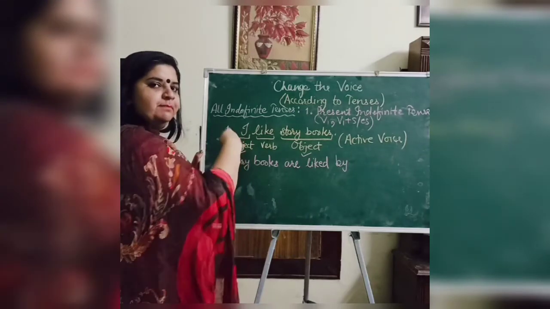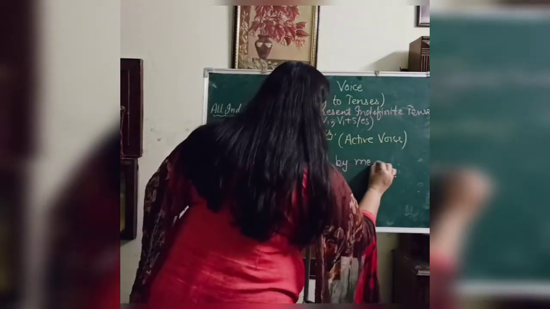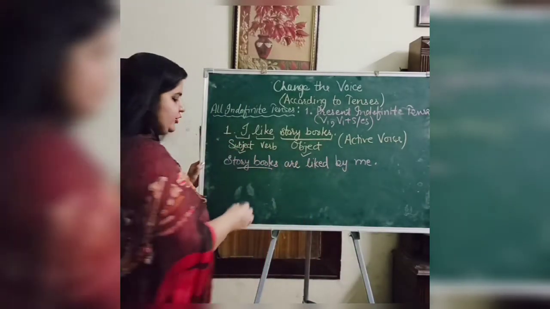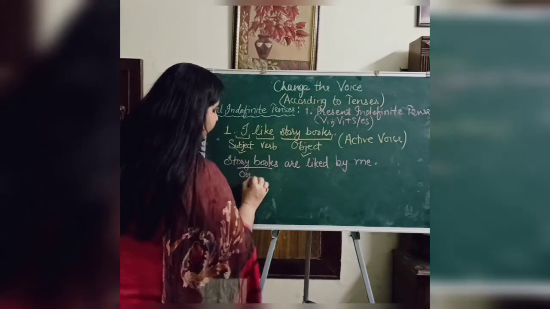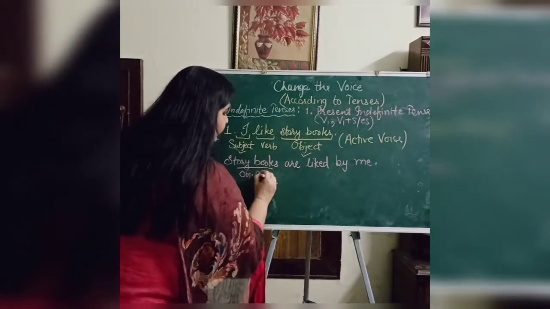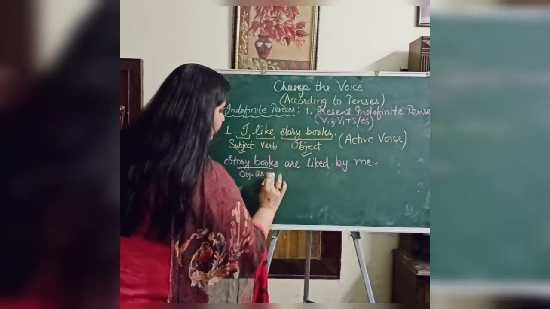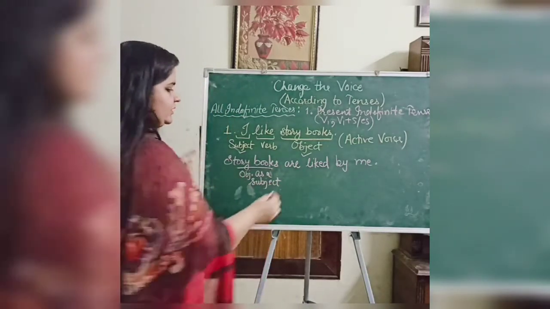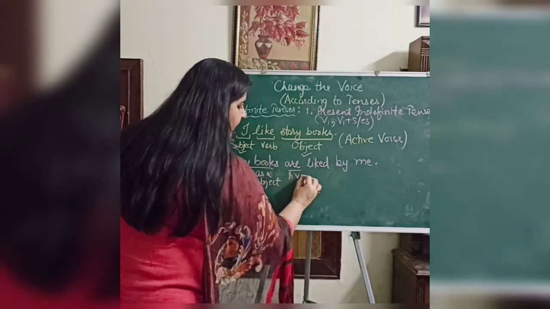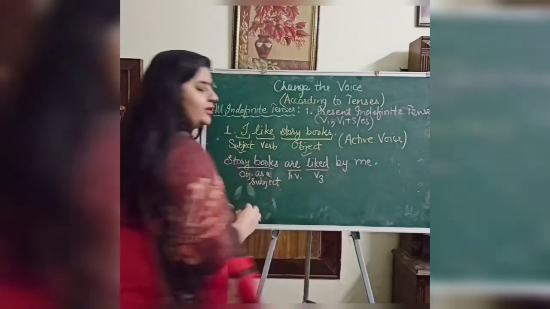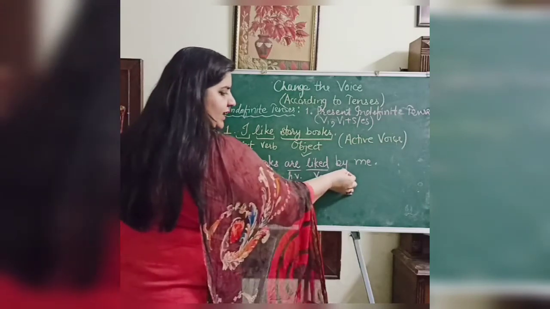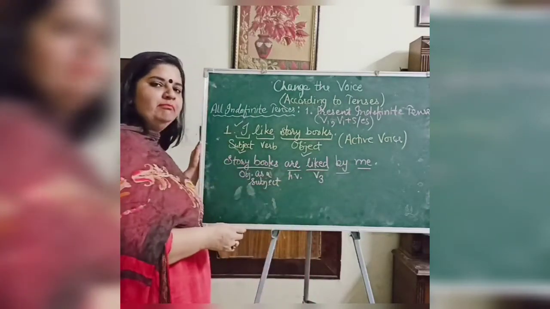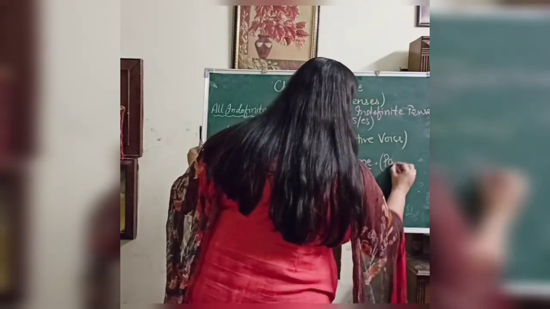I becomes me when in passive form. So, when the object takes the first position and is leading the sentence, playing the role of a subject, at that time this is passive voice. Here we have a helping verb, and that helping verb is followed by the third form of the verb. Then we add the preposition, and the passive form of I comes here as me. So it becomes passive voice.